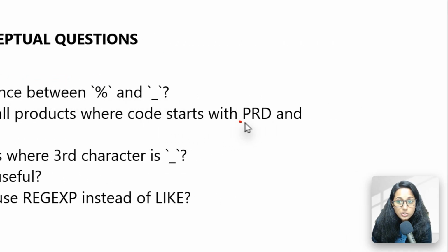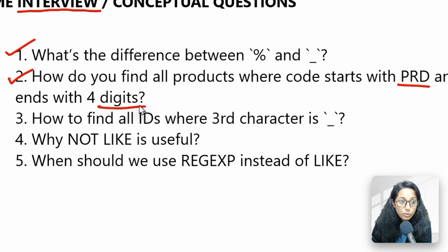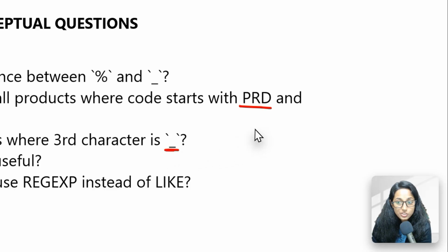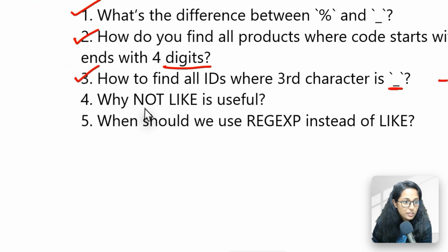How do you find all products where the code starts with PRD and ends with four digits? That we already tried to do. How do we find all the IDs where the third character is a dash? If you remember, we used this and kept it like this. So this would help us get an underscore between our percentage. You can try attempting this.